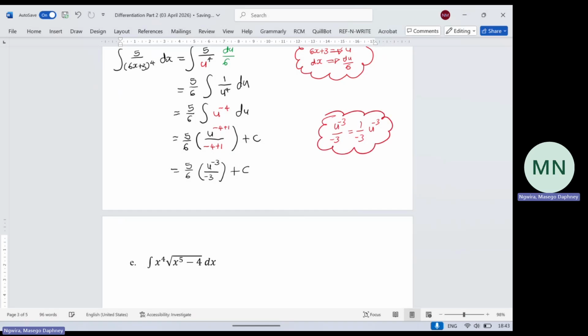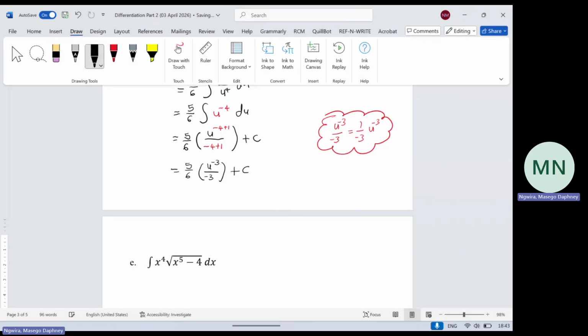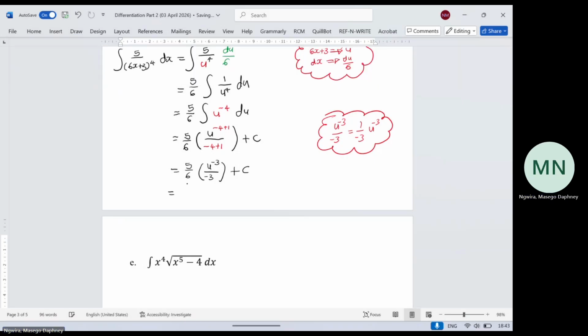So I'm just going to multiply these two. I'm going to end up having 5 over negative 18, if I'm not mistaken. Let me confirm: 5 over 6 times 1 over negative 3 gives me negative 18.